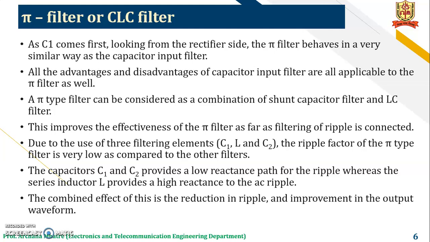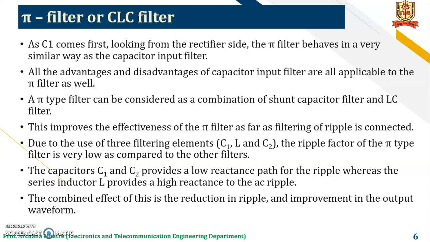This improves the effectiveness of the pi filter as far as filtering of ripple is concerned. Due to the use of three filtering elements, that is C1, L and C2, the ripple factor of the pi type filter is very low as compared to the other filters.